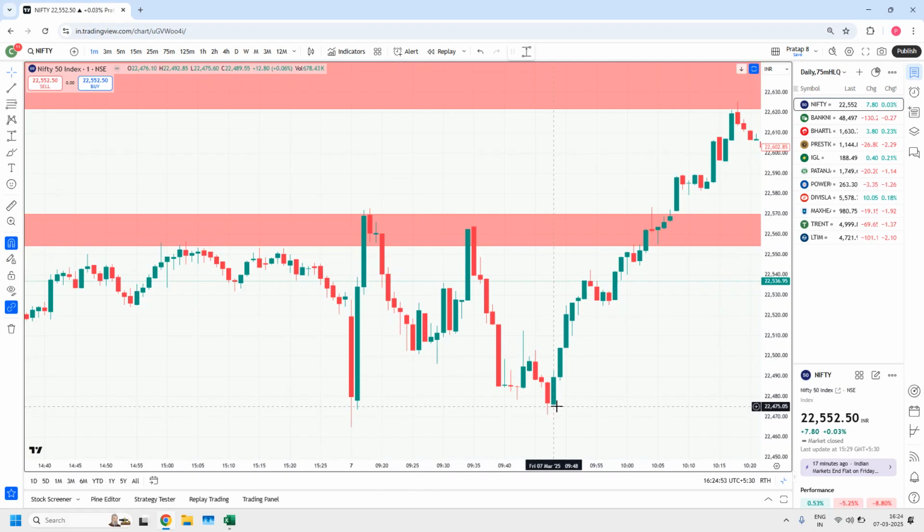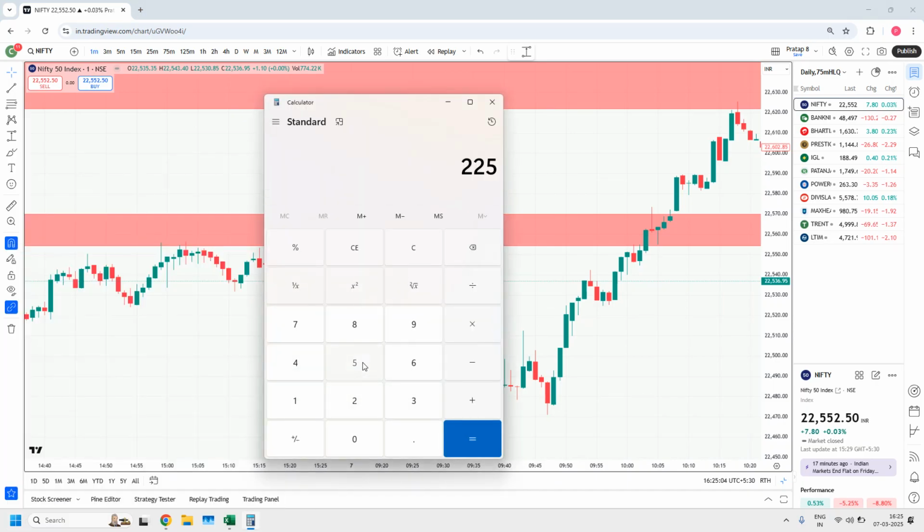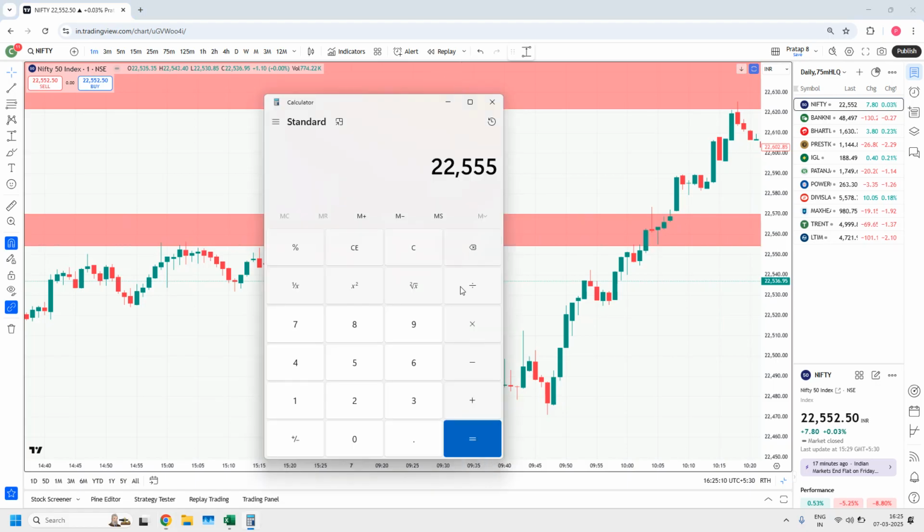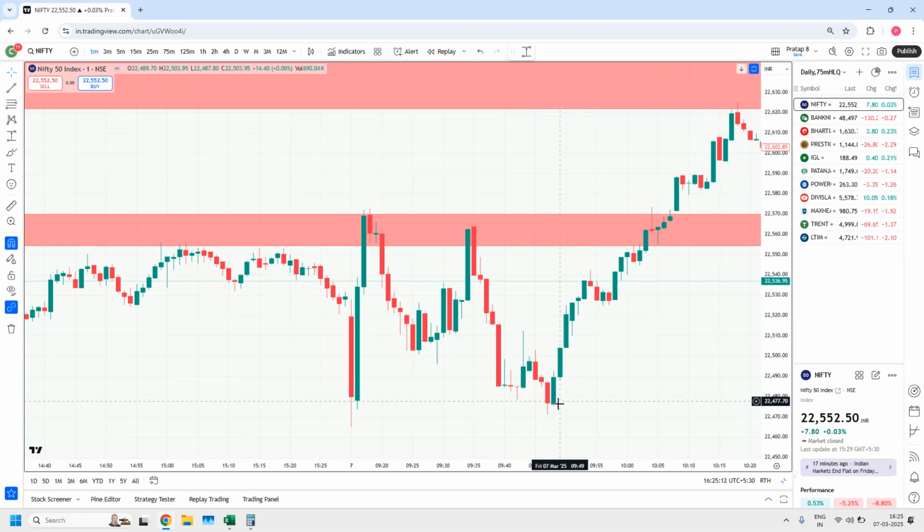And at the bottom level I am calculating 22,470, say 22,475, round value I am giving. So 22,555 minus 22,475.